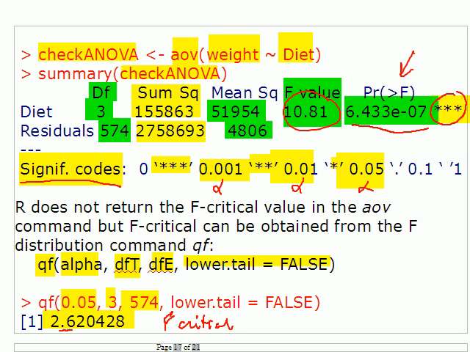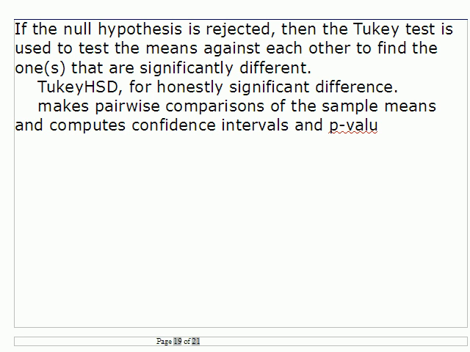But now we're going to move on to the next and the final piece of analysis that we're going to do here, and that is to determine which one of these treatments actually is significantly different from the others. Now, if you have a list of these treatments and you have all these means, how can you find the one that's different from the others?